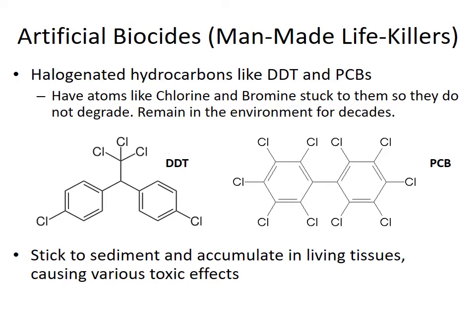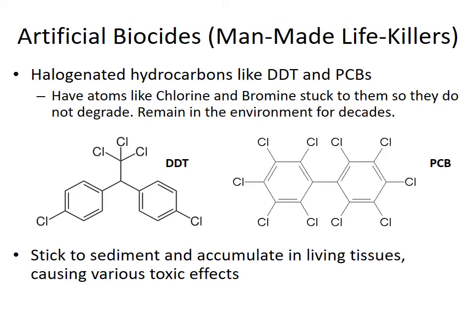Okay, let's talk about some of the qualitative pollutants, the things that are entirely man-made that constitute pollution in the environment. So there are many, many man-made chemical pollutants, but we'll talk about some of the most famous ones. Two halogenated hydrocarbons, which means that they're hydrocarbons that have halogen elements like chlorine and bromine stuck to them.